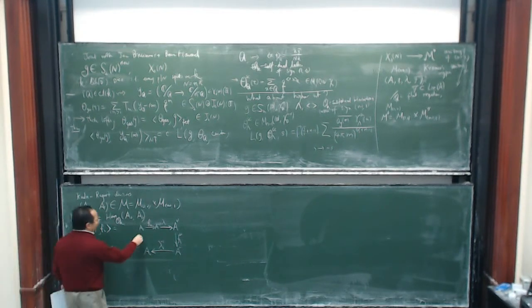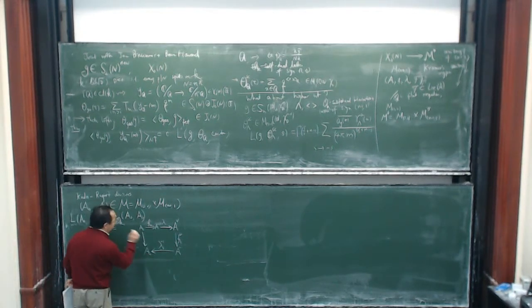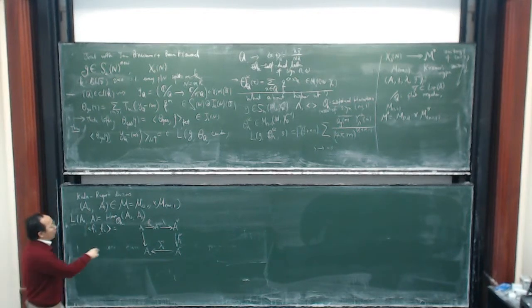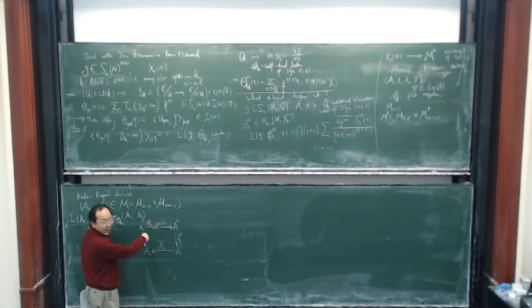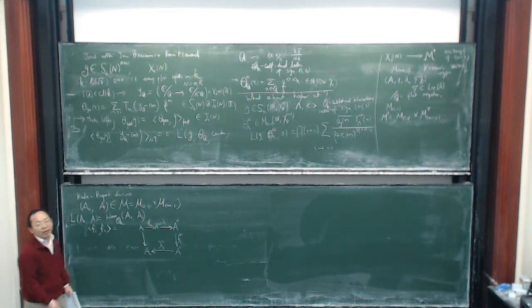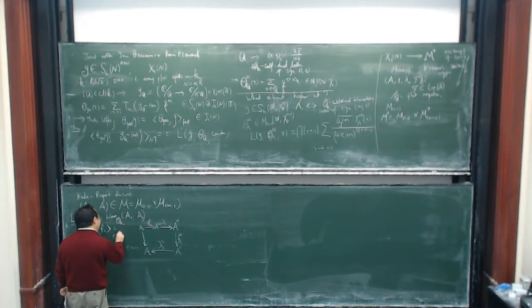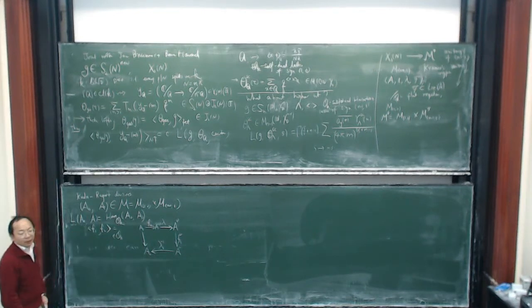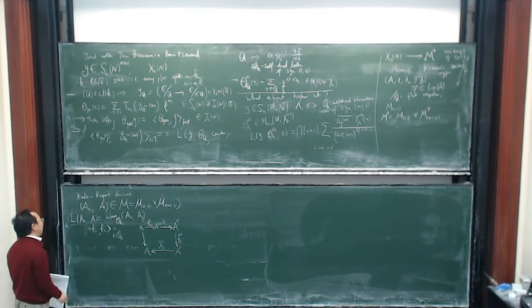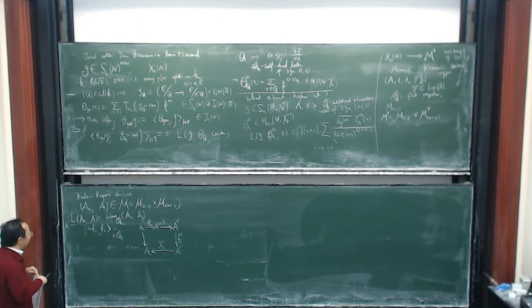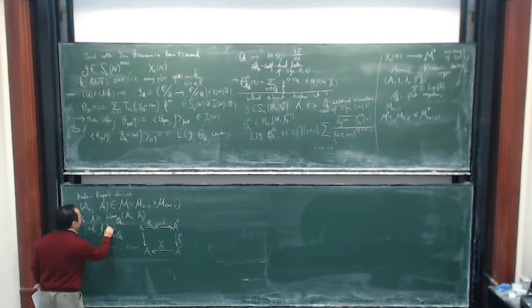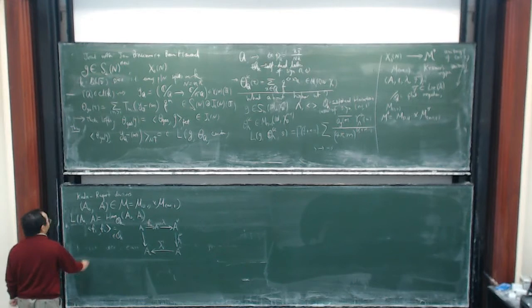So you get a map from here to here, and everything is O_K linear. If it's O_K linear, it has to be defined over O_K. You can check this is positive definite.